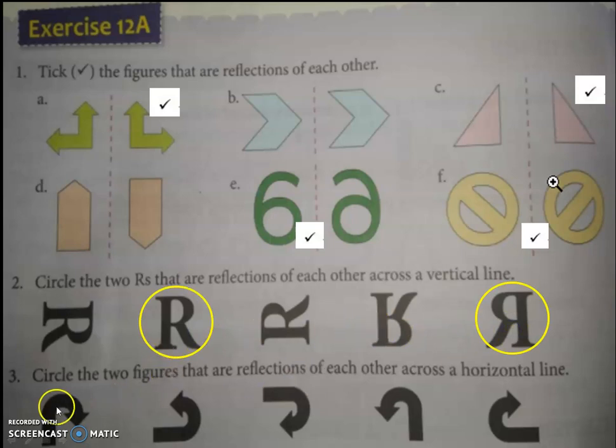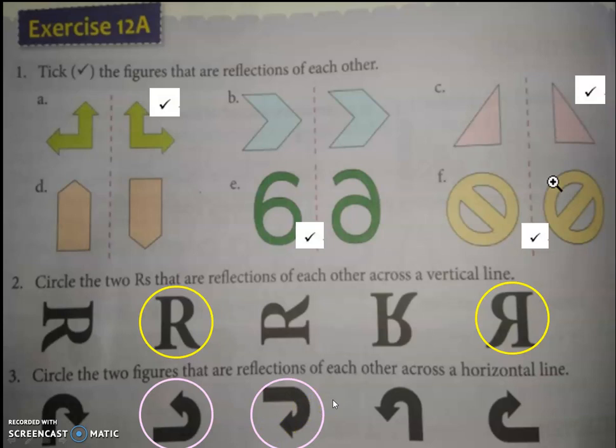Now among these, along the horizontal line, that is from top to bottom, it reflects. This one along the vertical. So the second one, yes, and when it is reflected, this one, correct. So like this it happens.